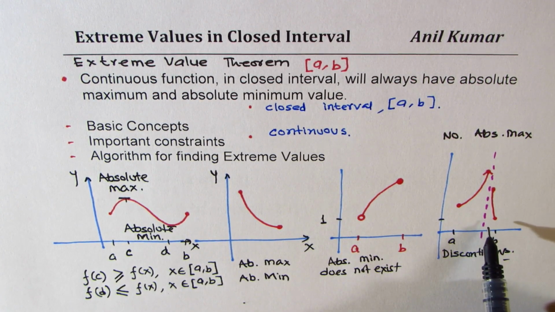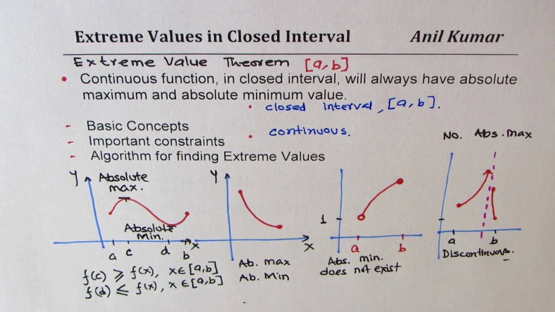However, we do not have absolute maximum value. Do you get an idea, right? So these are very important constraints to consider when you're discussing extreme value theorem. One, we are always considering a closed interval, that means including both the endpoints, and second, the function should be continuous. Correct?